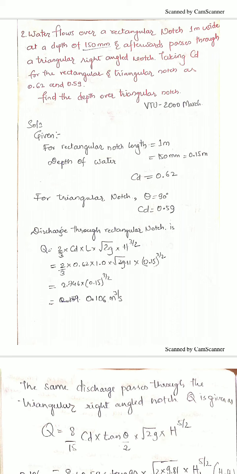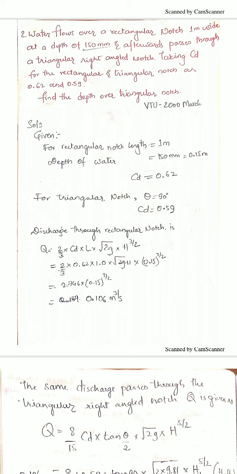Taking Cd for the rectangular and triangular notch as 0.62 and 0.59, find the depth over the triangular notch. You have to find H.